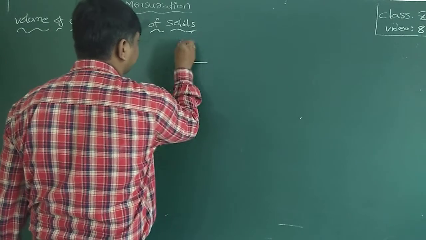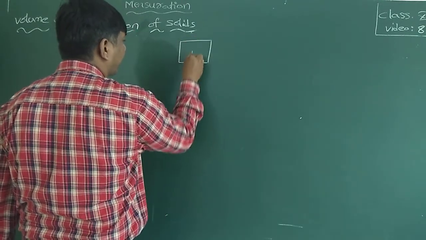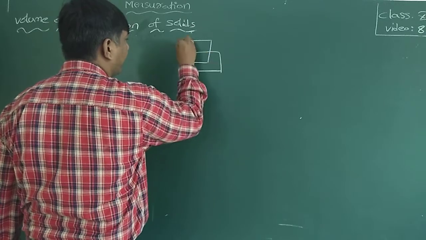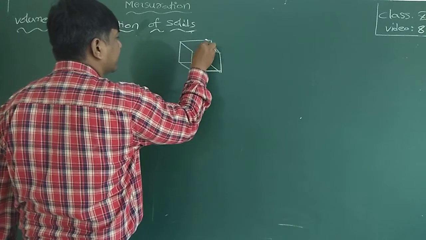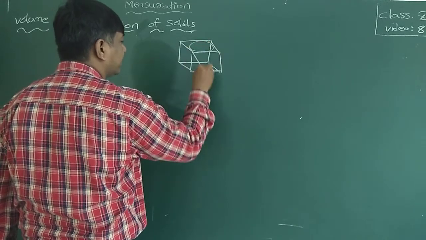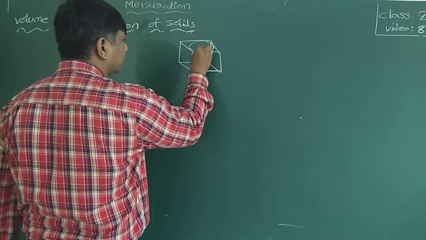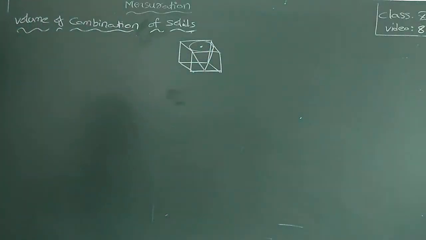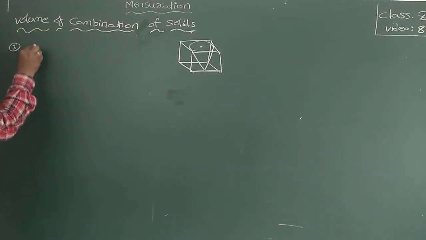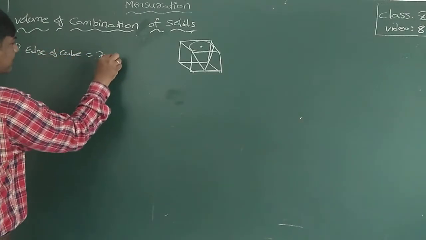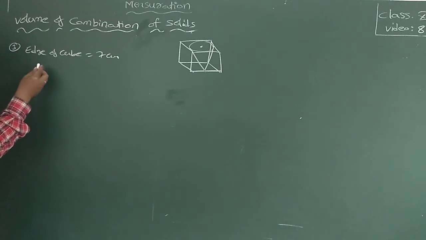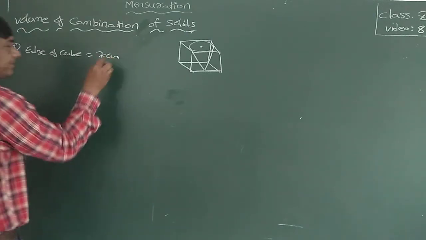This is the cube, and this is a circular shape with the height. Okay, what is the cube? Edge of the cube is 7 centimeters. That is nothing but a side.